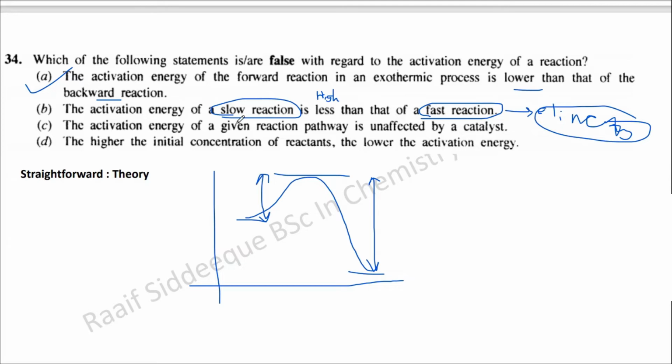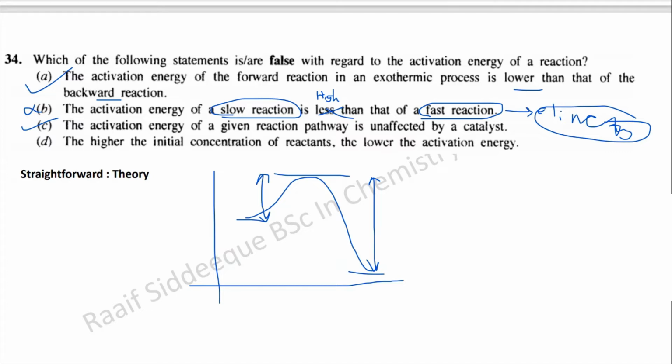There can be some steps where the activation energy is lower and some where it is high. But overall, if it says high, that is correct. So the activation energy of a slow reaction is less, means this is totally wrong. The activation energy of a given reaction pathway is unaffected by a catalyst. In fact, this is correct.